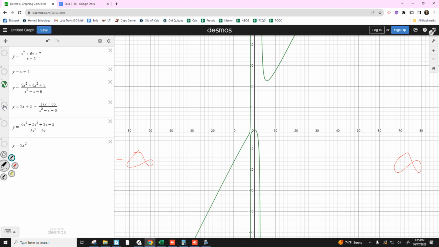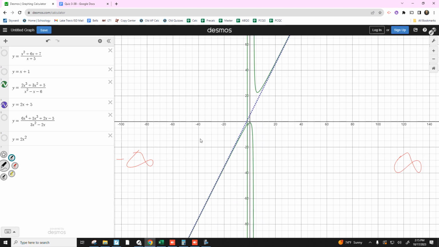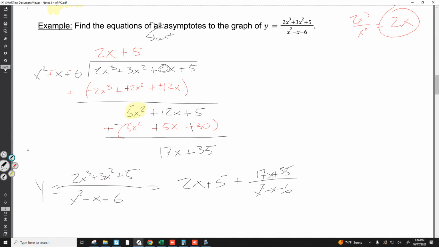Now, as x approaches infinity, this goes to 0, we see that your function's end behavior will mimic, be exactly the same as, not 2x's end behavior, but 2x plus 5's end behavior. So we have an equation for end behavior, and that's the purpose of this lesson. This is our slant asymptote, because this goes to 0.